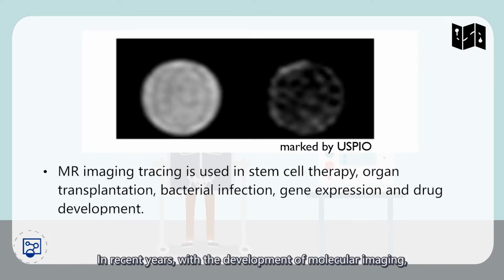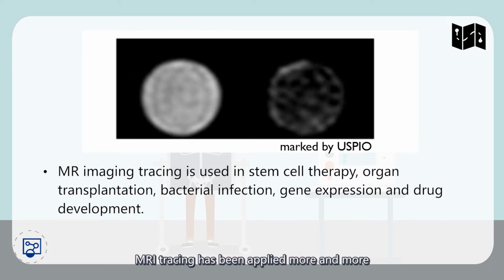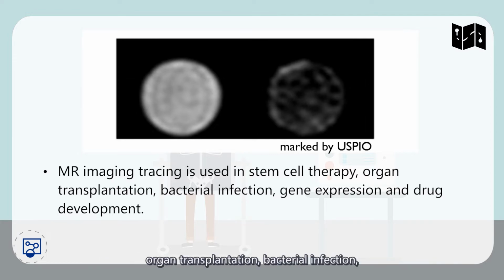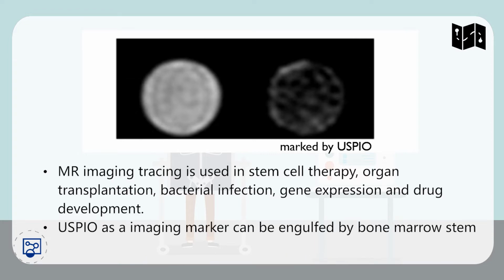In recent years, with the development of molecular imaging, MRI tracing has been applied more and more in evaluating the efficacy and safety of stem cell transplantation, organ transplantation, bacterial infection, gene exploration, and drug development.